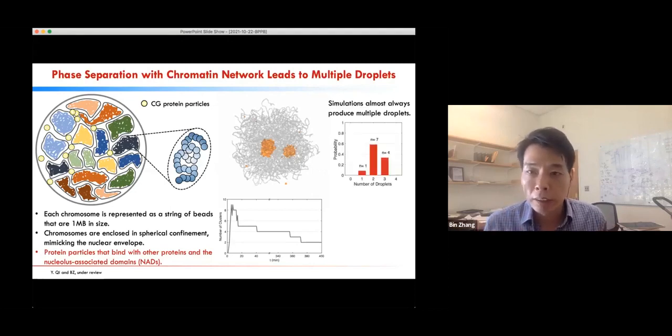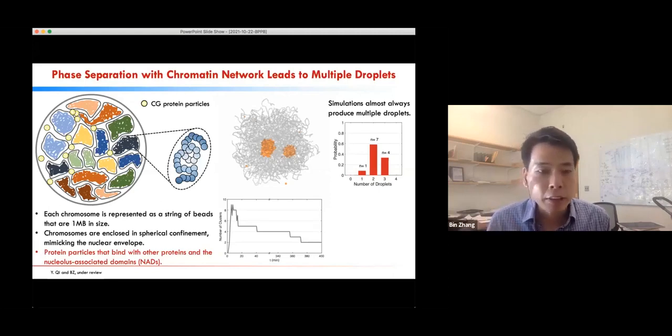We performed additional simulations just to see whether this is statistically significant. And as you can see here, in all but one simulation, we always arrive at multiple droplets in the end of the simulation. So now this becomes quite interesting.